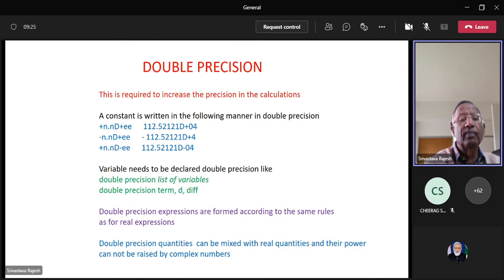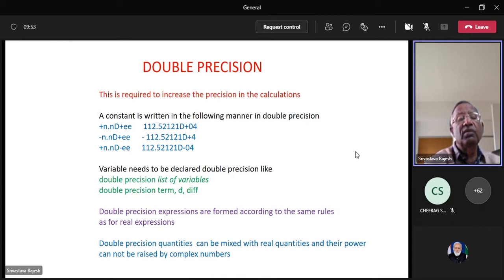Sometimes, if I ask you to write only up to first decimal place, and you get a quantity 10.56, you will say it is 10.6, or 10.58, you will say 10.6. If it is 10.52, then it is 10.5.